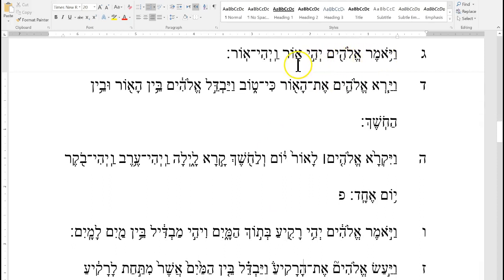Vayomer Elohim yehi or vayehi or. And Elohim said, let there be light, and there was light. Vayar Elohim et ha'or ki tov, vayavdel Elohim bein ha'or uvein ha'choshek. God saw the light, that it was good, and God caused a division, hifil, between the light and between the darkness.